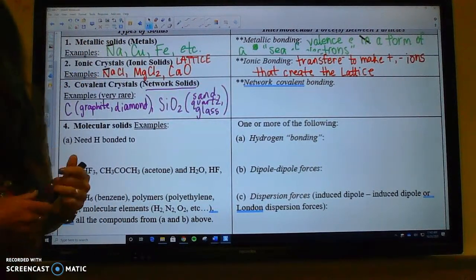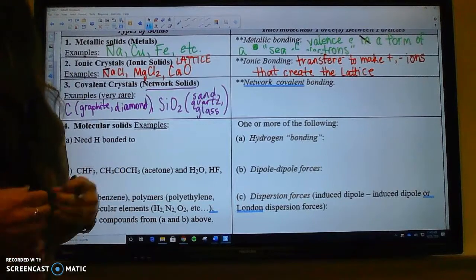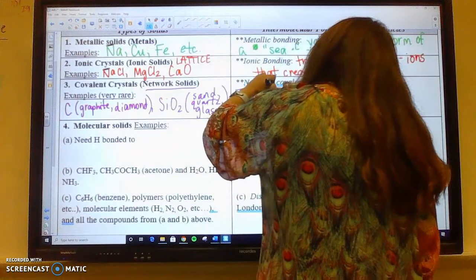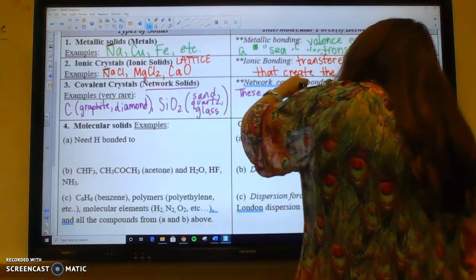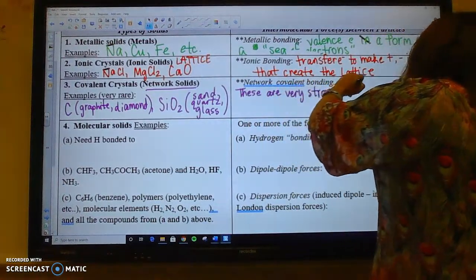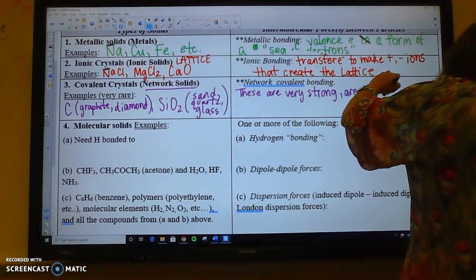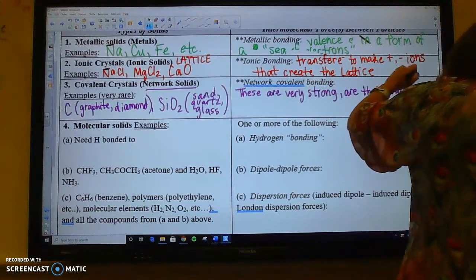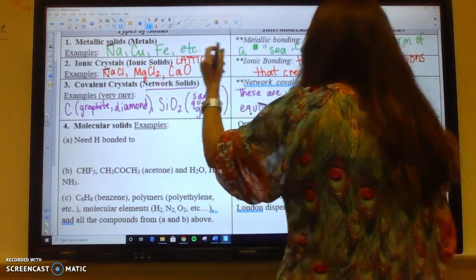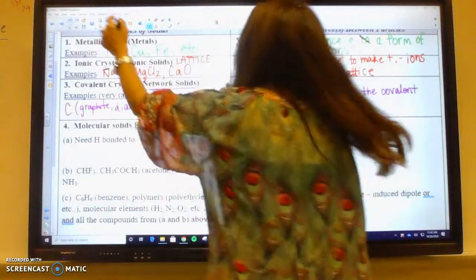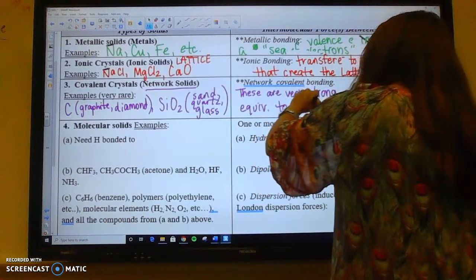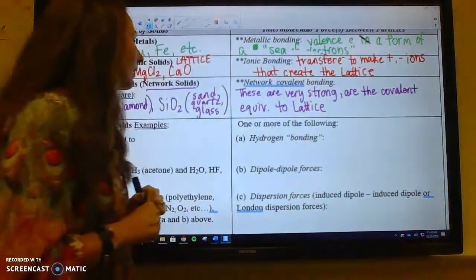For the network covalent bonding, these are very strong, but because they're not ionic compounds, these are the covalent equivalent to a lattice, which is only seen in ionic compounds.